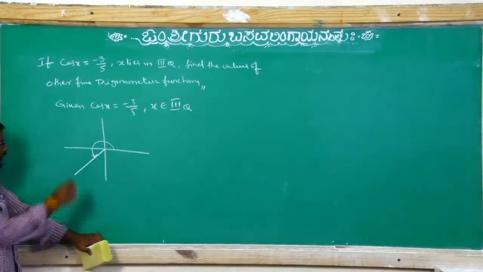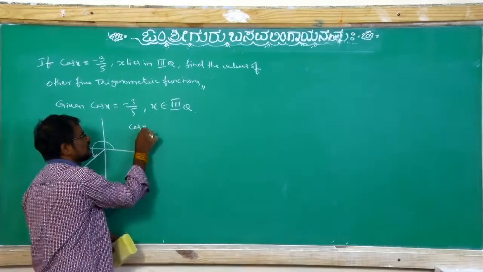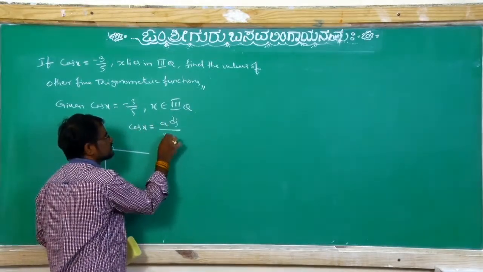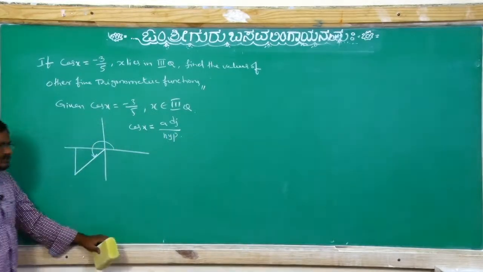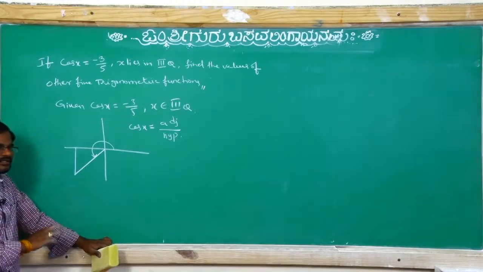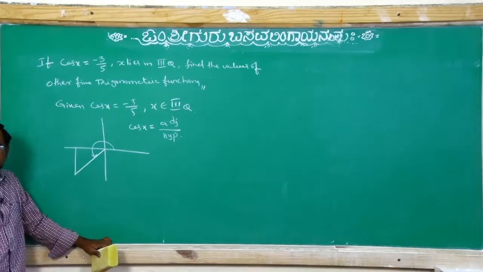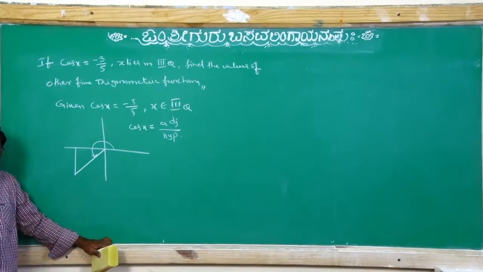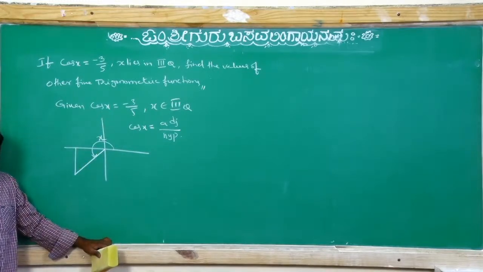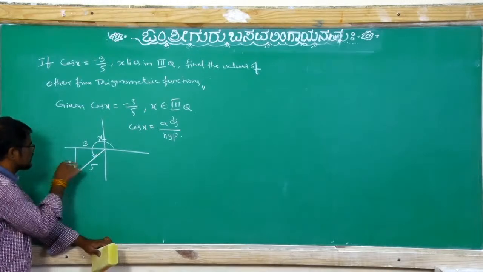Now here, cos x ratio is what? Adjacent side by hypotenuse. So generally we won't see this, this is the important point. For this one only, opposite side, adjacent side and hypotenuse we will take generally. But this is the angle x, right? Here to here, third quadrant. Here 3 is there, here 5 is there, definitely here what will we get?